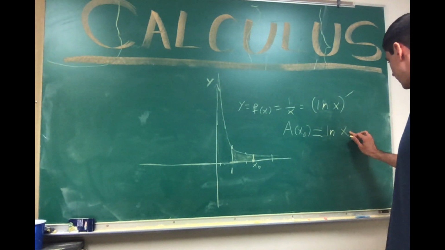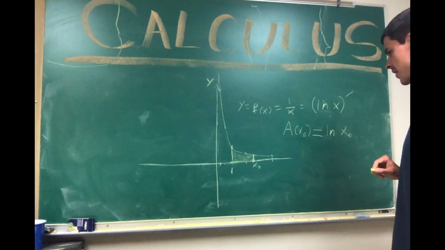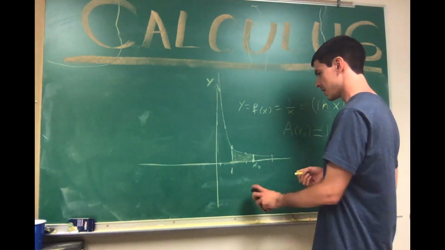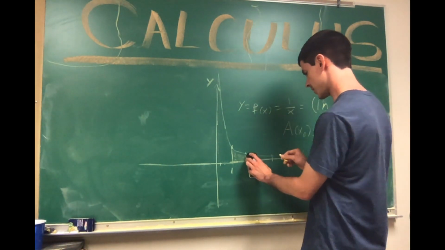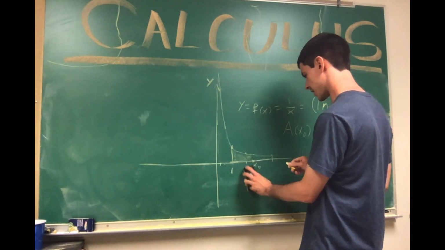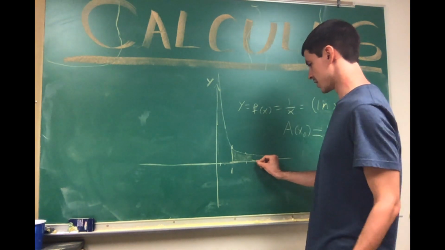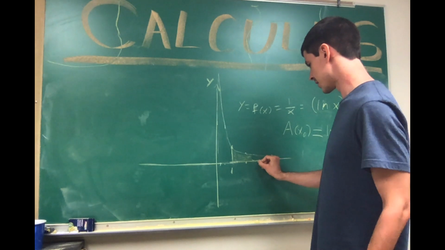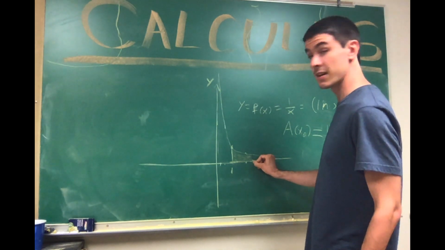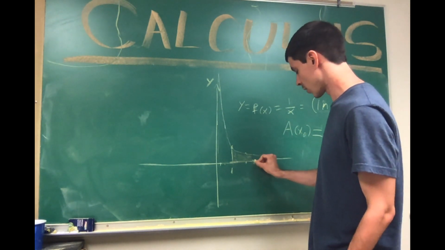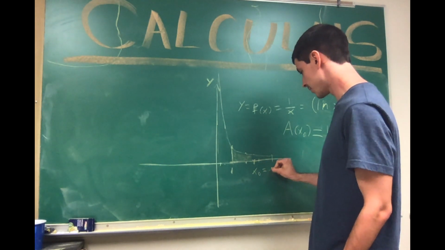So yeah, that's that. So for example, to make this quite concrete, say that this is 2, and this would be 3, and then right around here, we're going to have x0 equals e.